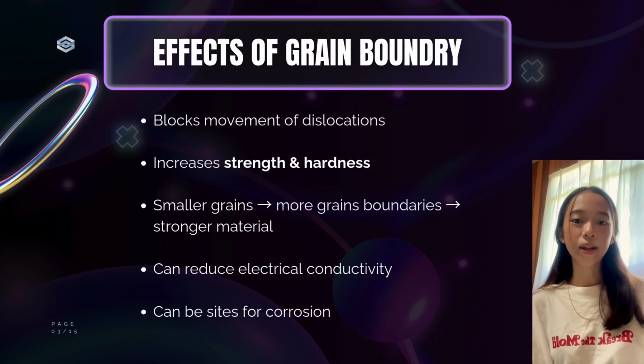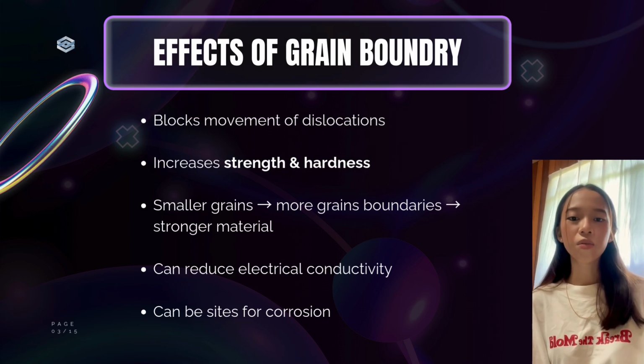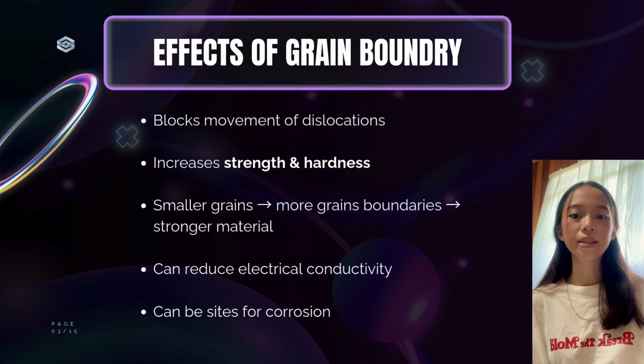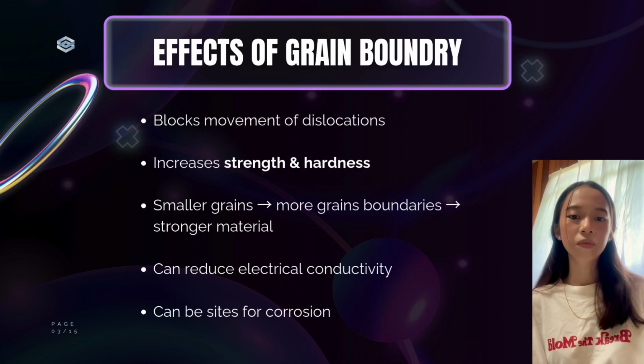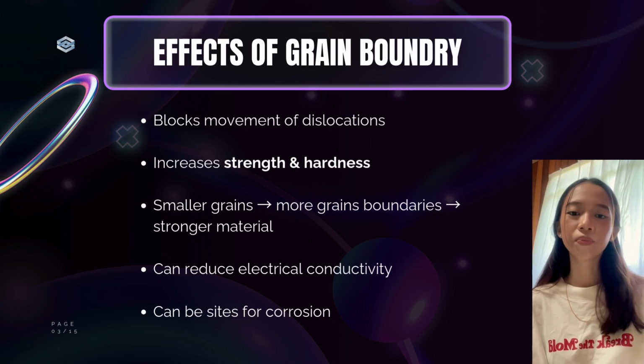Next, I will explain about the effect of grain boundaries. Grain boundaries block the movement of dislocation, which makes the material stronger and harder. When the grain size is smaller, the number of grain boundaries increases, and this feature increases the strength of the materials.